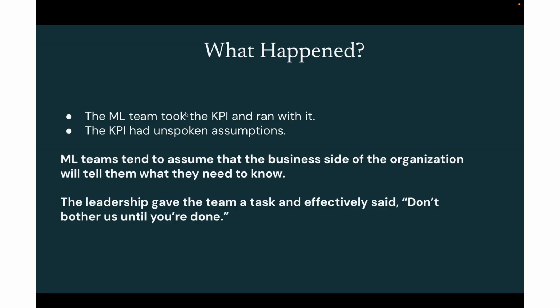So what happened was that the machine learning team that was in charge of developing this model took that KPI, the percentage of items kept, and just ran with it. But that KPI had some unspoken assumptions. Right? ML teams, I think just as a matter of the psychology of people who end up on machine learning or AI teams or engineering teams in general, tend to assume that the business side of the organization will tell them what they need to know.